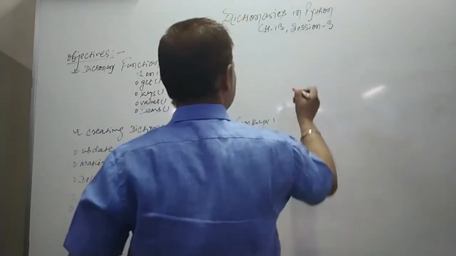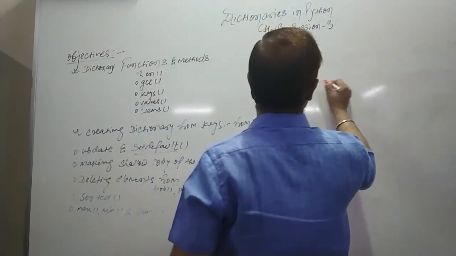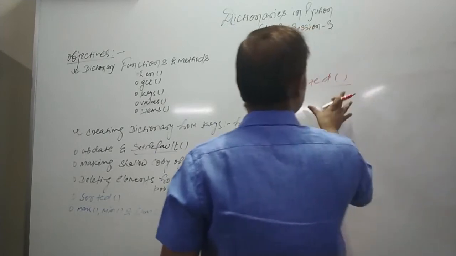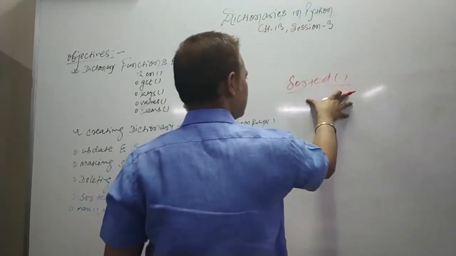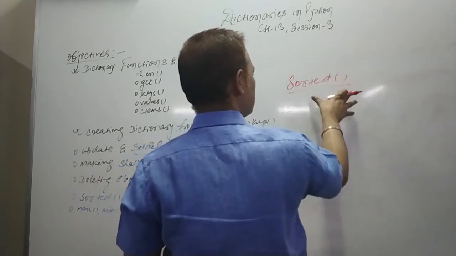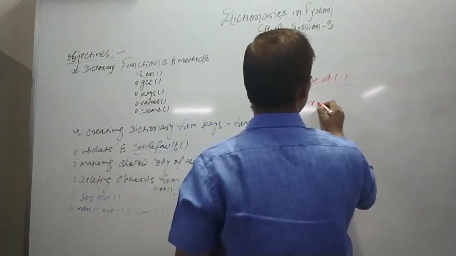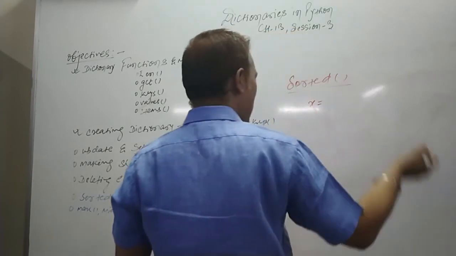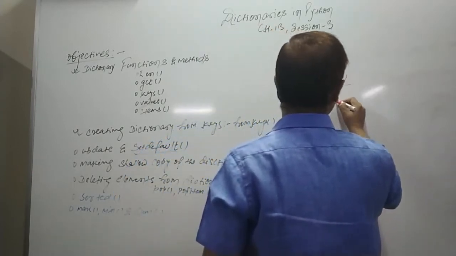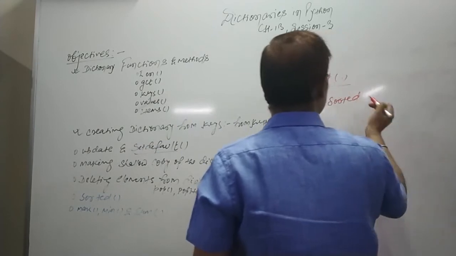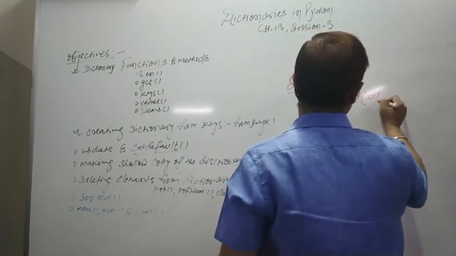Okay, in this case the sorted method is used to sort any dictionary. Basically, it sorts the keys. That is what I talked about. To use it, you simply say x equal to, and then you have the sorted method, and under the bracket you have to pass the dictionary name.